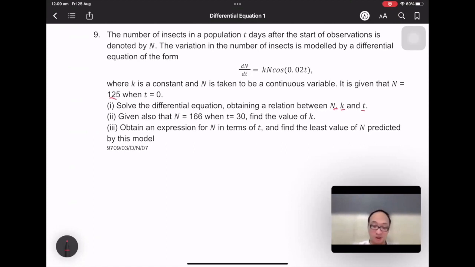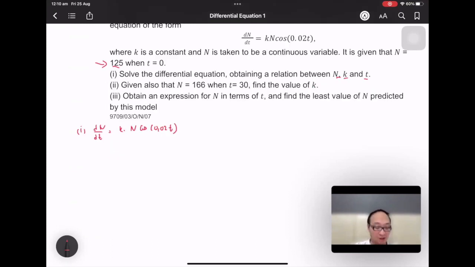So we have dN/dt equals K cos(0.02t). So we have to solve this. I have N on the right, so I have to move N to the left. So integral of 1 over N dN equals integral of K cos(0.02t) dt.